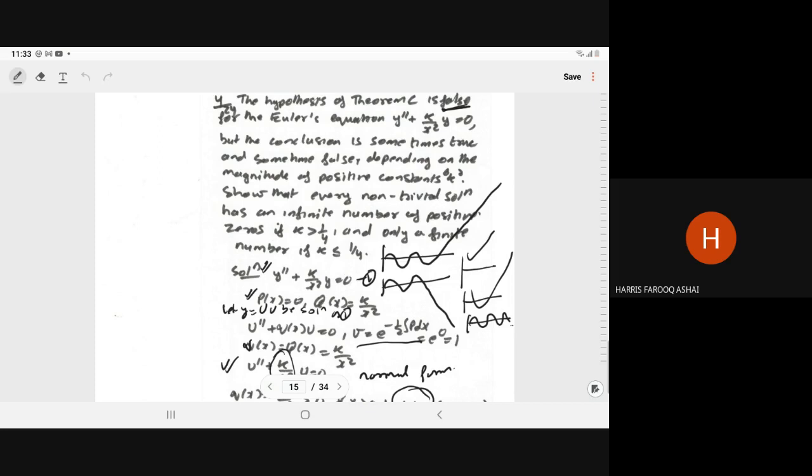Sometimes the solution has infinitely many zeros, or sometimes only finitely many. Depending on the magnitude of the positive constant k, every non-trivial solution has an infinite number of positive zeros if k is greater than 1 by 4, and only a finite number if k is less than or equal to 1 by 4. That we have proved.